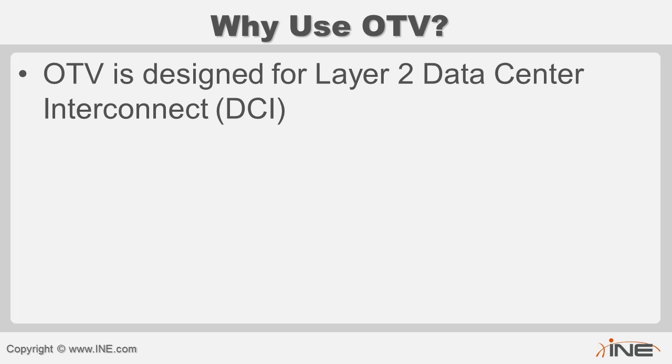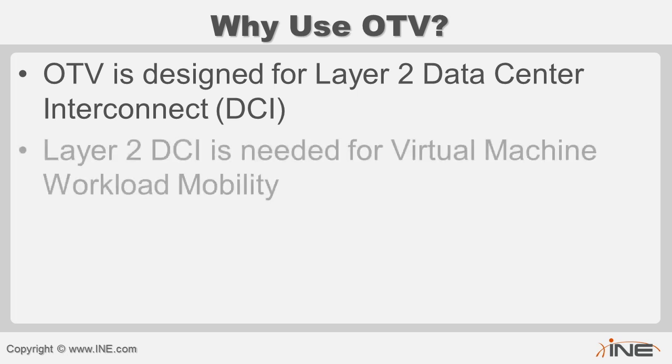We are going to talk about some other potential mechanisms that you could use to connect your data centers, like dark fiber or MPLS type tunnels. But the reason we want to do this in the first place is to allow us to run what's known as virtual machine workload mobility, which essentially means that we have some sort of virtualized resource that we're running in one of our data centers.